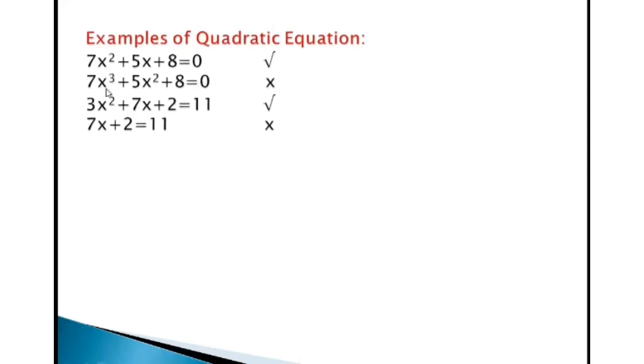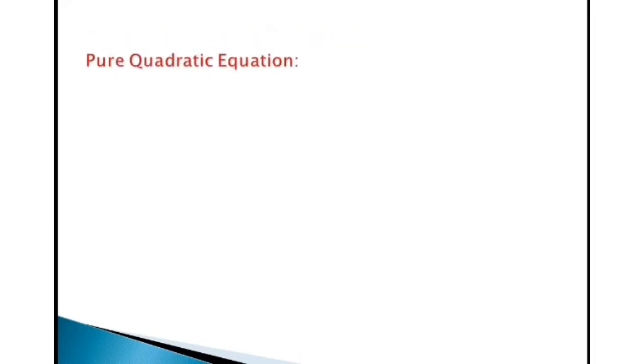Second is a cubic equation because the highest power of the variable is 3, so its degree is 3. So it is not quadratic, it is a cubic equation. Third one is also a quadratic equation. Fourth one is not a quadratic equation, it is a linear equation because the highest power is 1.